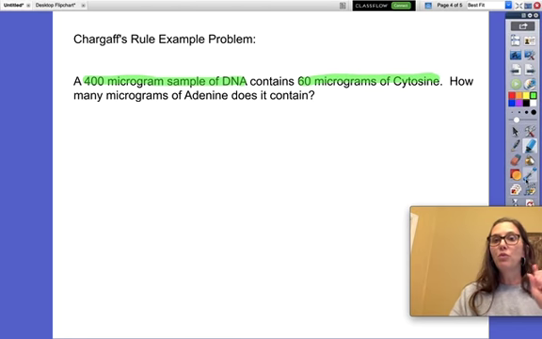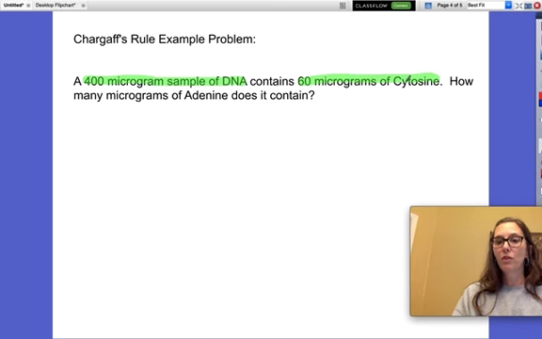So I've told you how much of one particular nitrogen base you have, and from that you can figure out everything else. So what you're going to do is write down the 4 letters: C, G, T, A. Those are the 4 bases.